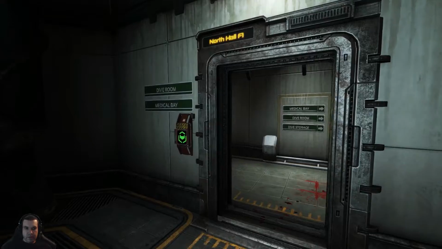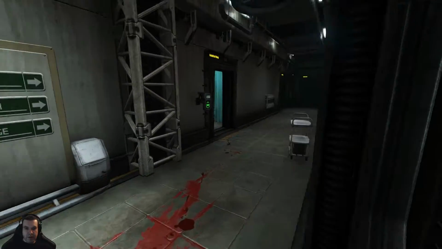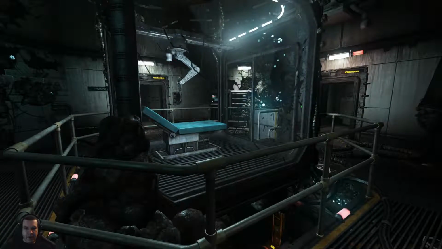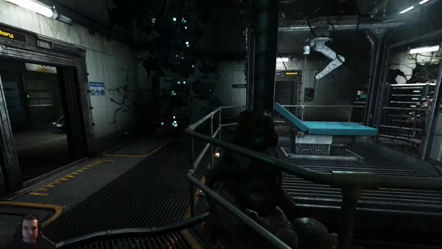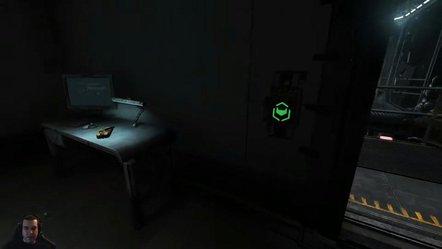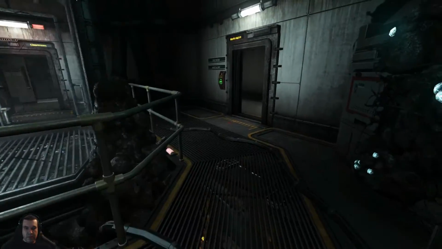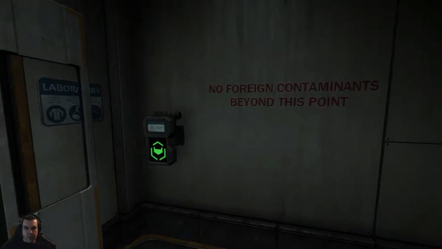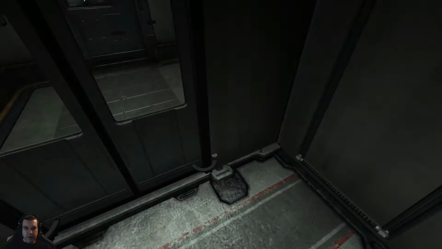Dive room, medical bay this way. Whoa, hi! Wasn't here before. I need 3 separate parts. I only got the cortex chip. Don't think I was this way yet. Nope.